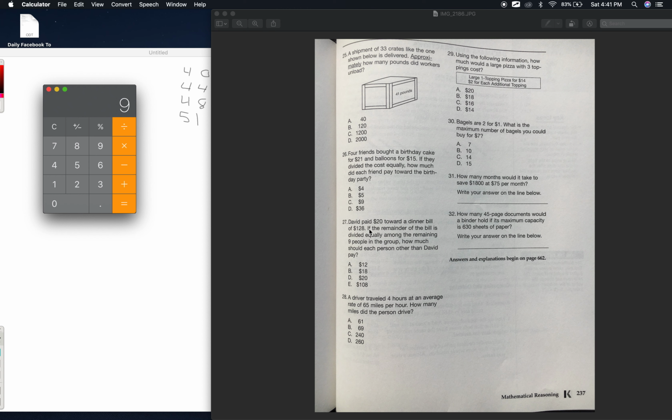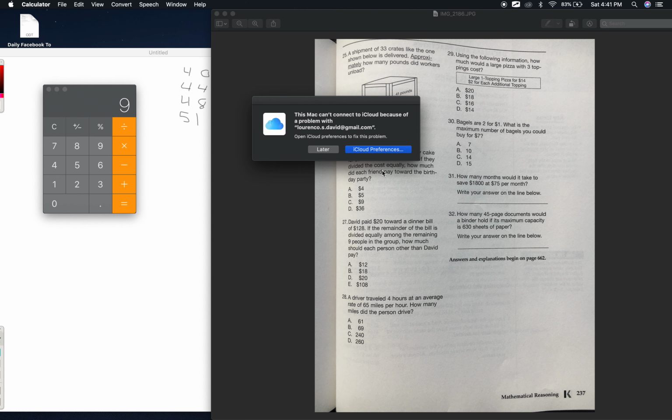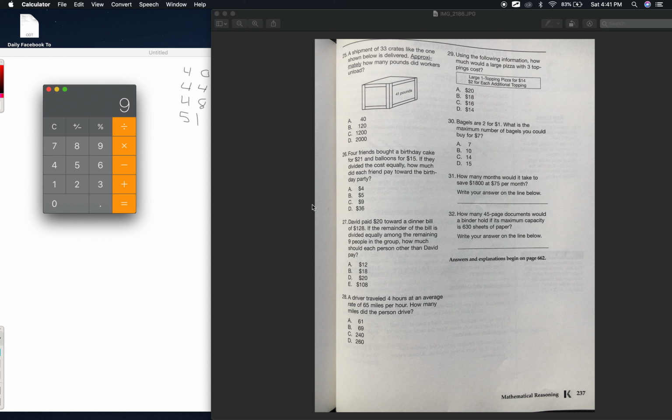Number 27. David paid $20 toward a dinner bill of $128. If the remainder of the bill is divided equally among the remaining 9 people in the group, how much should each person other than David pay? Okay, so what we need to do is, the bill is $128.